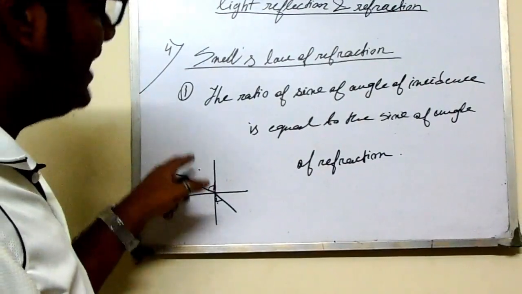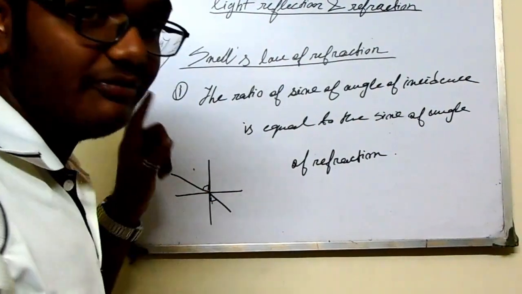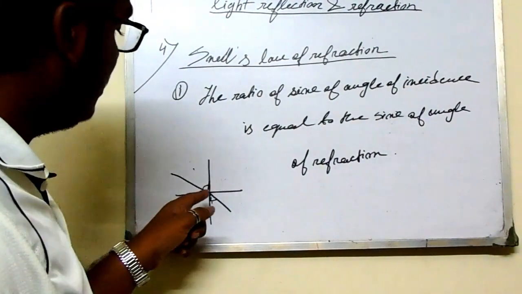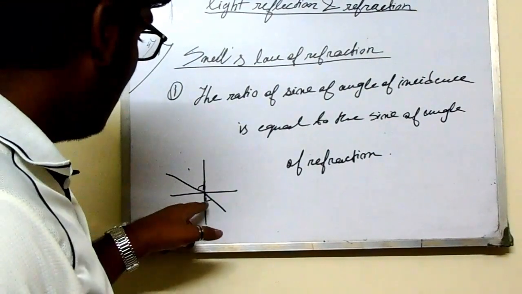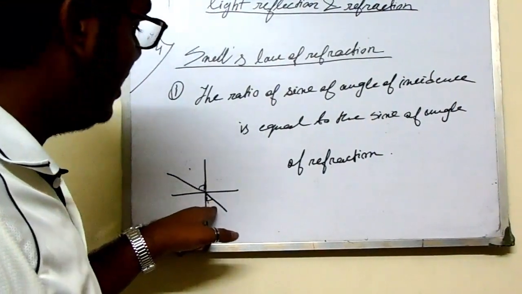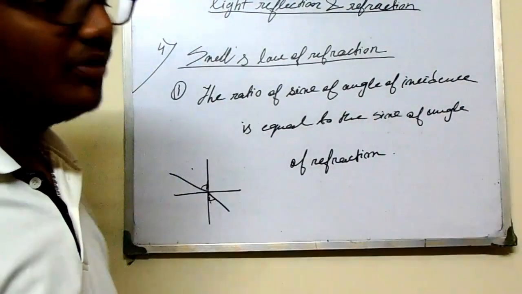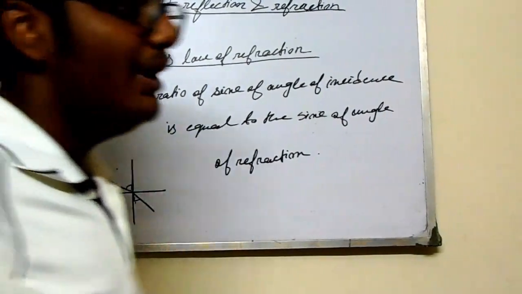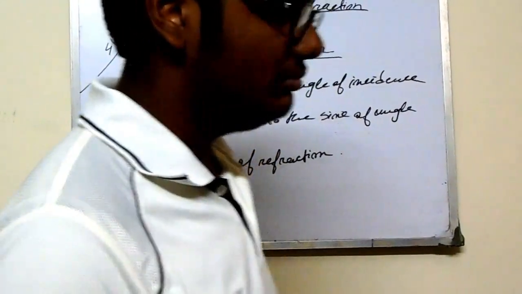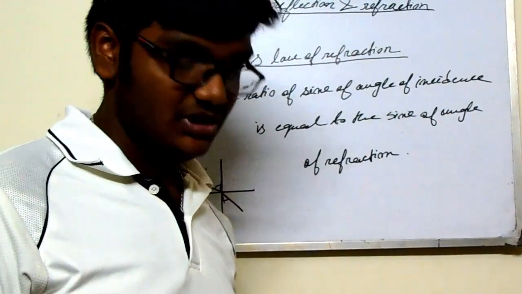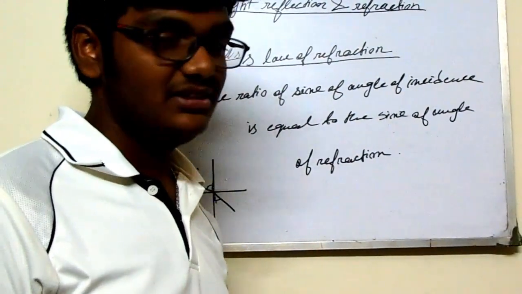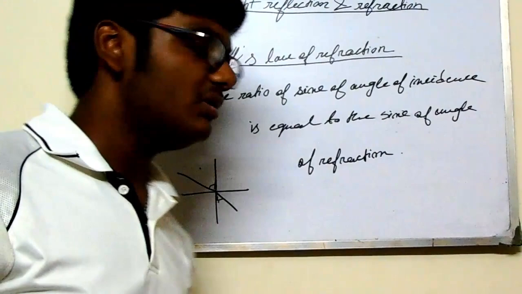Then sine 60 degrees of the angle of incidence should be compared with sine 60 degrees of the angle of refraction. Okay, in mathematics, when you learn the trigonometric ratios, then you will see the values of sine 30 degrees, sine 90 degrees, and so on.